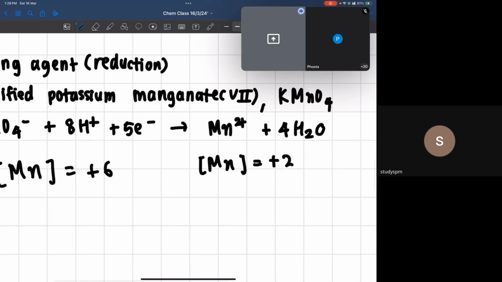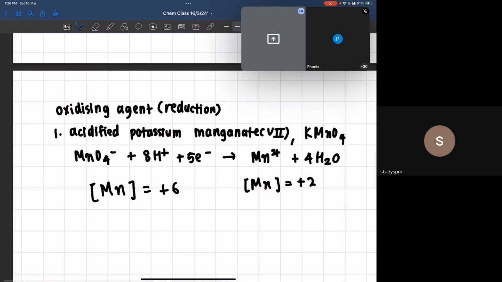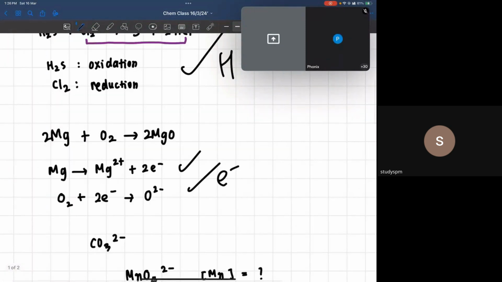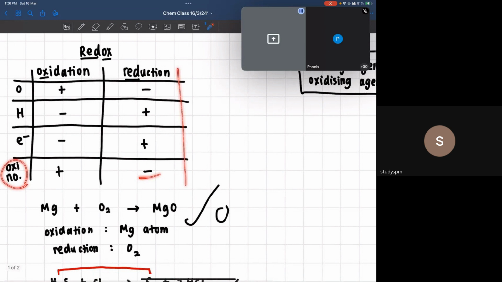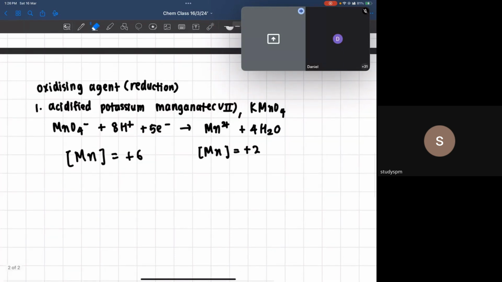Positive 6 is greater than positive 2. It means the oxidation number actually reduced, right? So when the oxidation number reduces, this is reduction, right? So we can prove that this one undergoes reduction. So this whole thing is reduction. So this is very clear, right? This is the reason behind it.